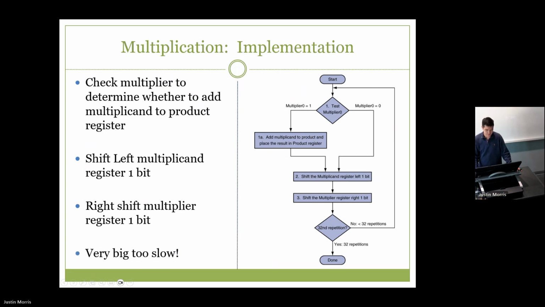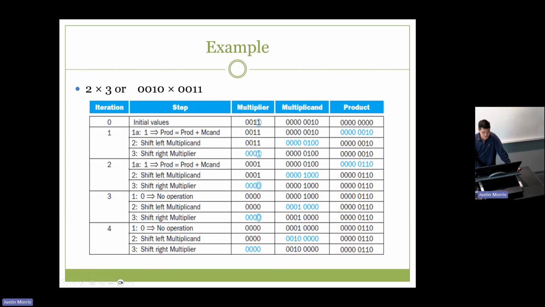So, as I mentioned, this is a simplified circuit. It is a lot bigger than it needs to be, and it's quite slow. But here is an example and a table showing the different iterations. So before you start, you load the multiplier into the multiplier register. You load the multiplicand into the bottom right of the multiplicand register, and product is 0.